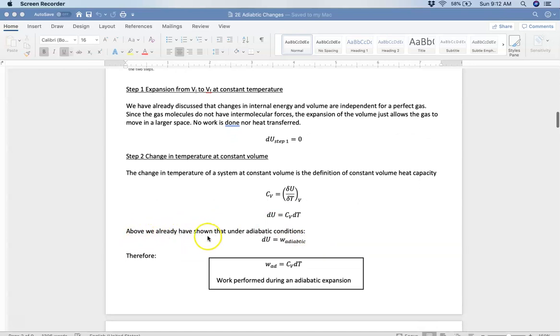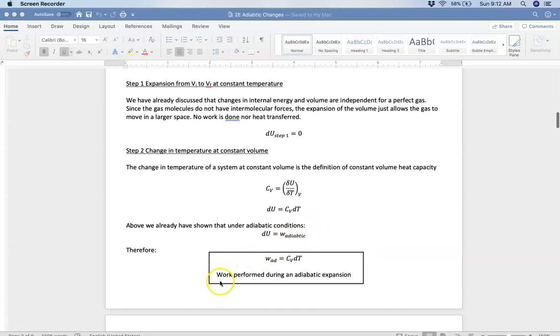So we've already shown above that under adiabatic conditions, which is what we've set for this whole chapter, that all conditions are adiabatic, the change in internal energy is equal to any work done on or by the system adiabatically. So we can set these two equations equal to each other and derive an equation for work performed during adiabatic expansion.